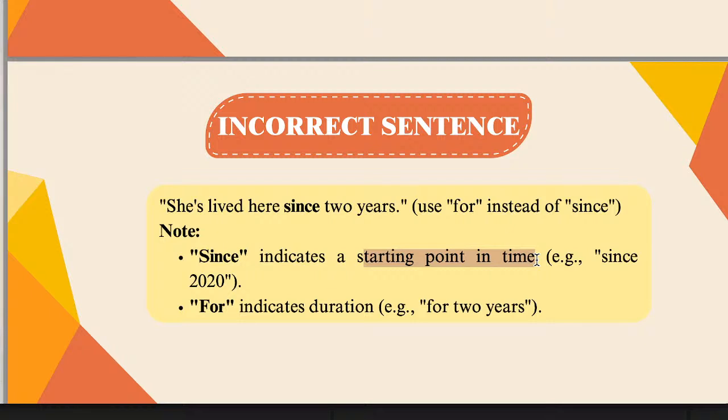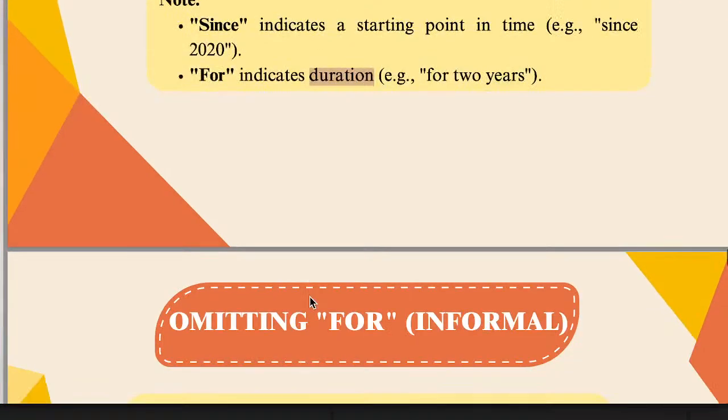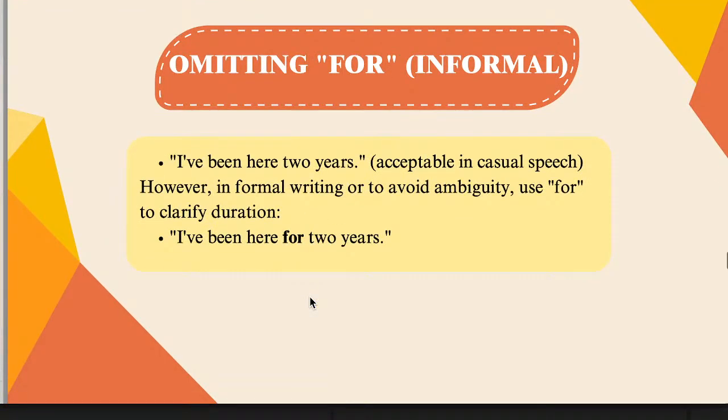When you're using duration or time period, when you have the time period but not the exact point in time, in that case you're supposed to use for. Right? So I've been here 2 years is acceptable, but again the correct way is I've been here for 2 years.